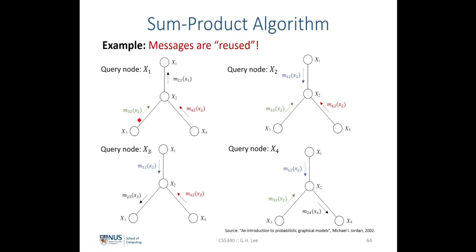For example, in this case here, we can see that M32, this particular message, is required when we compute the marginal probability of x1. It's also required here when we compute the marginal probability of x2, as well as here where we compute the marginal probability of x4. We can also see that M42 is also required in the marginal probabilities of x1, x2, as well as x3. Similarly, the message M12 is also required over 3 different marginal probabilities in this graphical model.